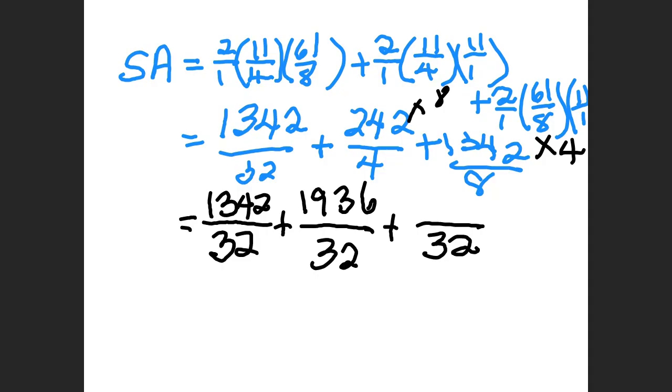So 1,342 times 4 is giving me 5,368. Okay, add all the numerators together.